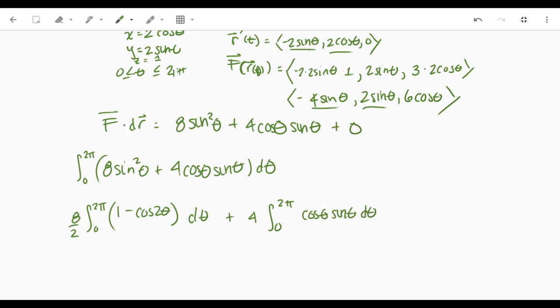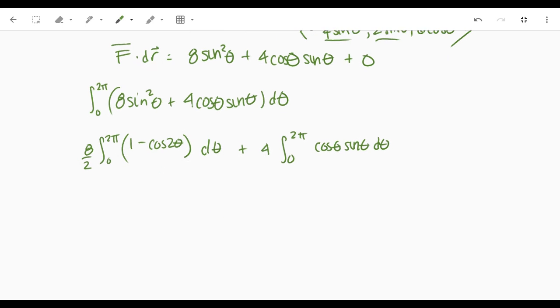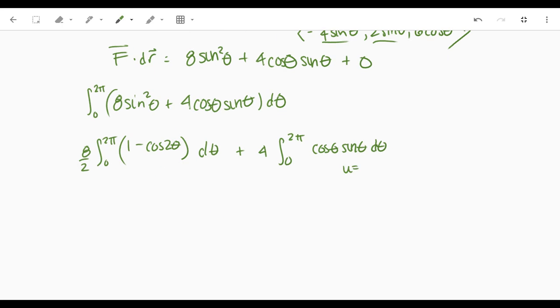And for that, we can do a u sub, where u would be sine theta, du would be cosine theta d theta. So we would have 4 times the integral from 0 to 0 of u du, which is 0. Okay, so that piece becomes 0.